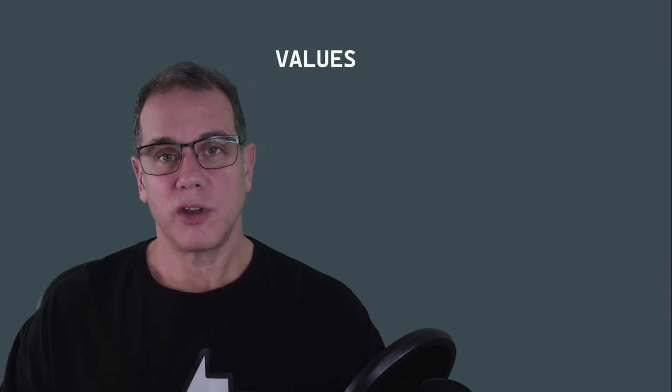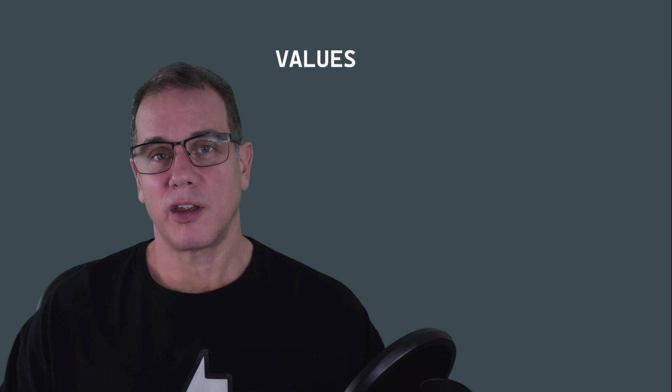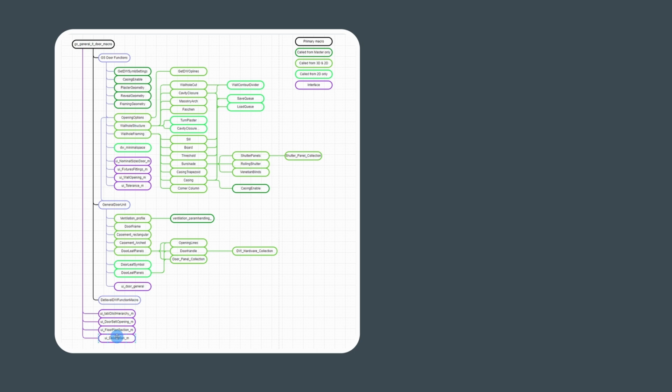You also know how to introduce conditional limitations to parameters using the values command so that the user can't break the object. In the next episode, we will go over the Graphisoft Doors macro map, and I'll show you which macro to use for your door opening lines and how to get the basics of this into your object. I'll see you there.